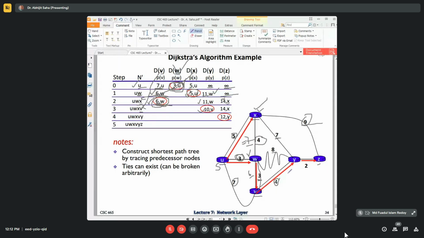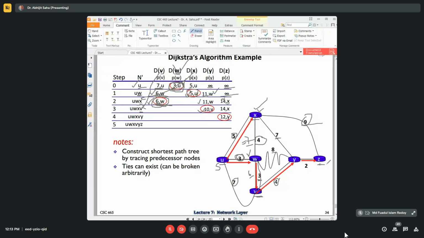From where did we come to Y? From V we go to Y. So the predecessor node is my V, right? Yes, sir. So the predecessor of Y is my V here. Now can I go from V to Z directly? V is here, Z is here. No, sir, there is no direct link.